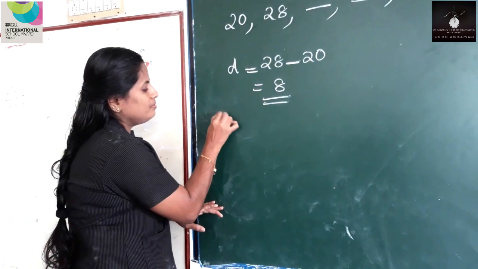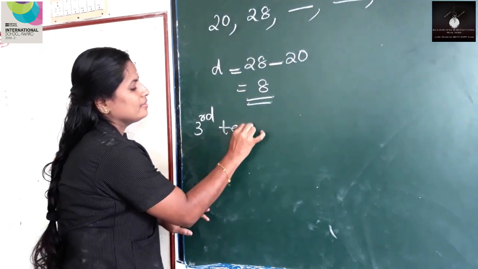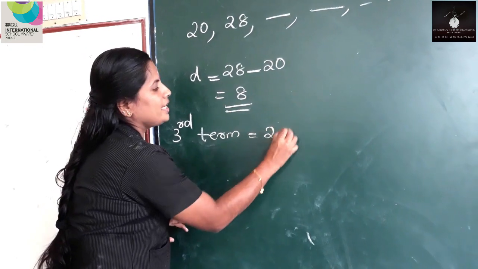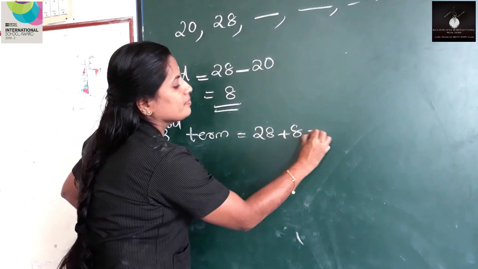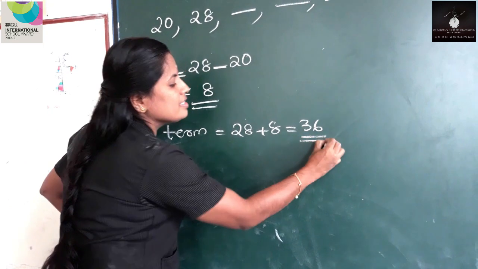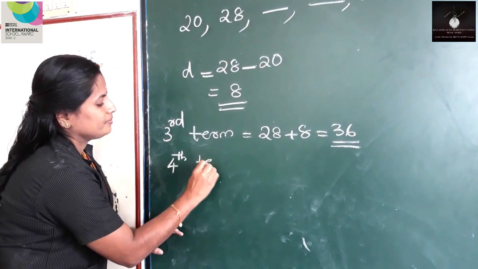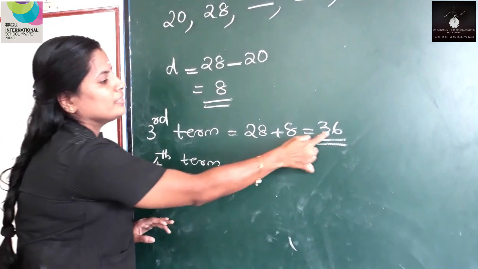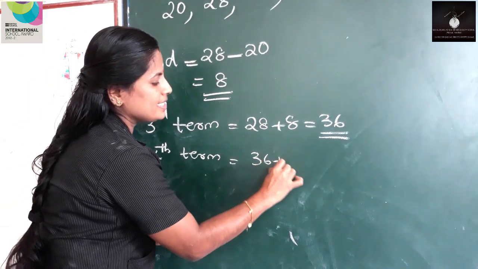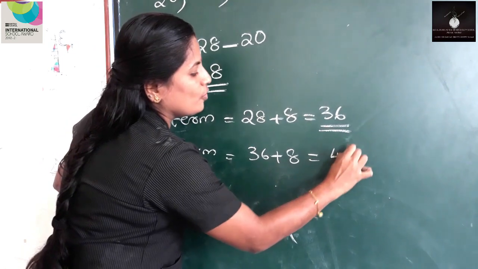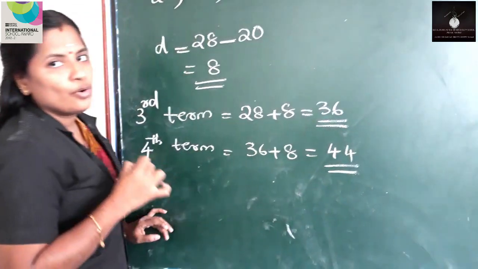So the third term is 28 plus 8, 36. Then fourth term, 36 plus 8, 44.